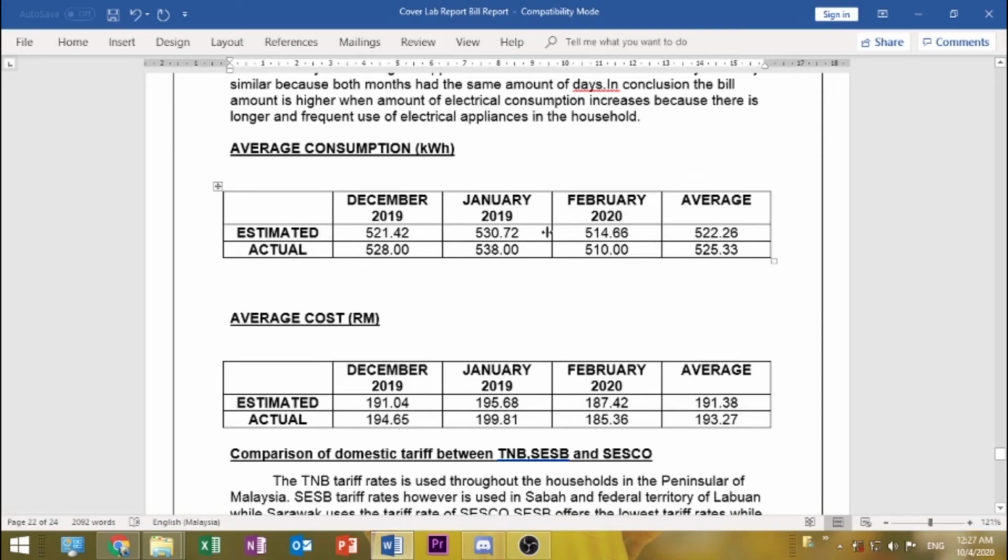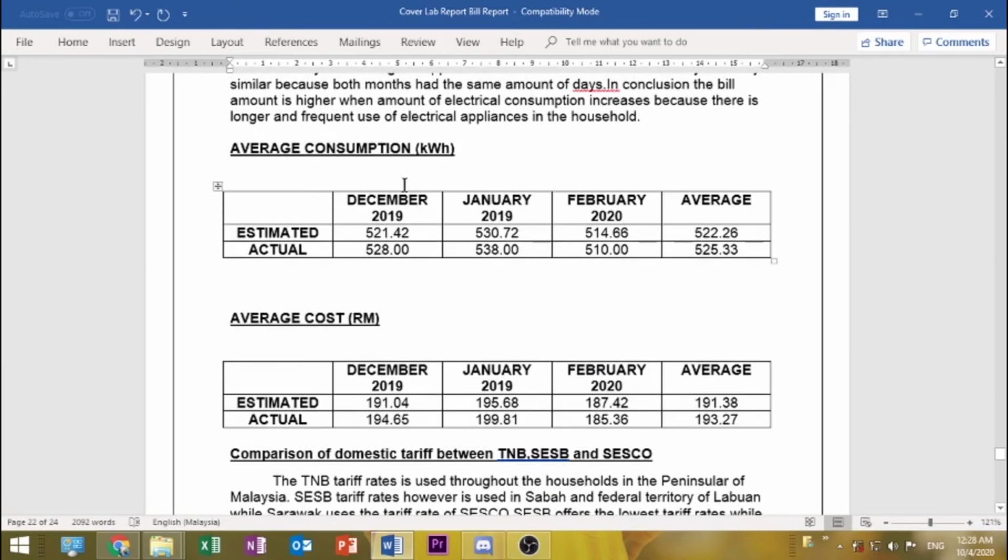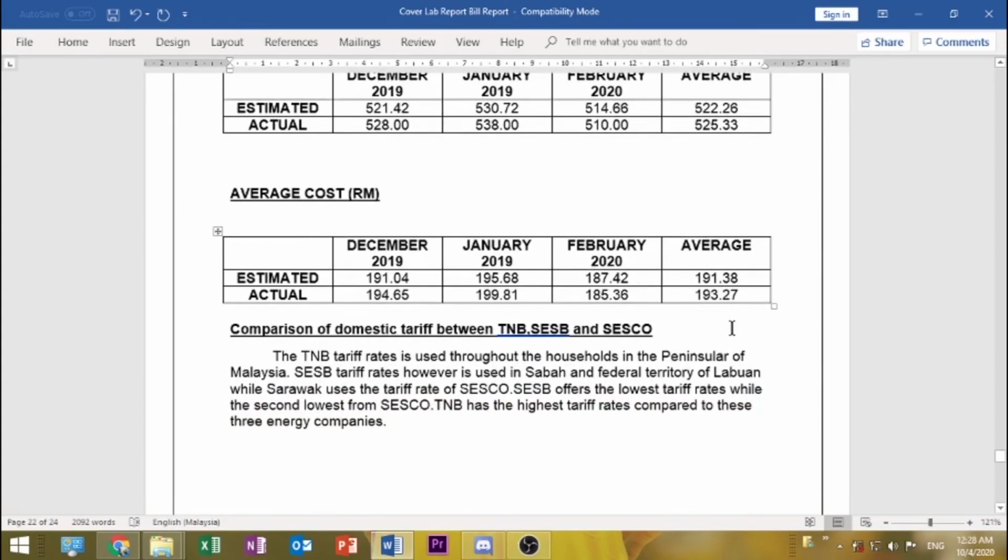I took the numbers and divided it by 3, and the amount only differed by 3.07, which is not a lot, quite accurate, a bit less accurate but a bit closer to the amount, because maybe there were complications or mistakes in counting the amount of hours used for the appliances. And the average cost also differed because, as you can see, the average consumption differed, so the average cost should differ a bit too.